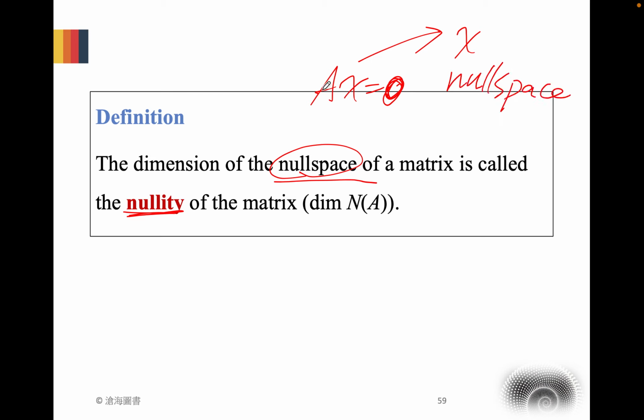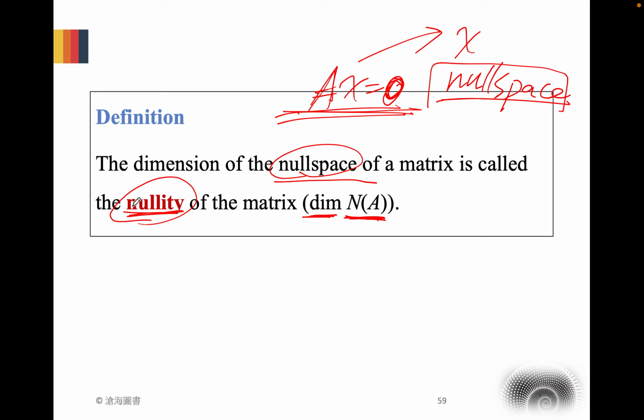That is called the matrix A's null space. All possible solutions of this linear system form the null space of the matrix A. Okay? And then we just write it down as N(A). And the dimension of the null space is called nullity.